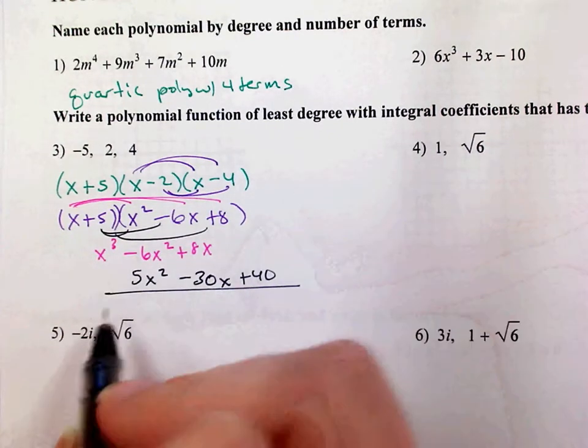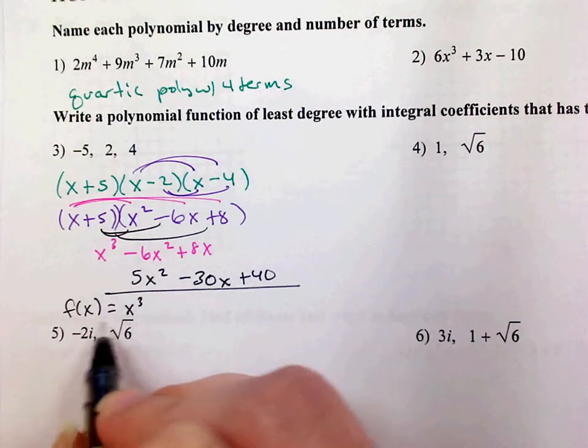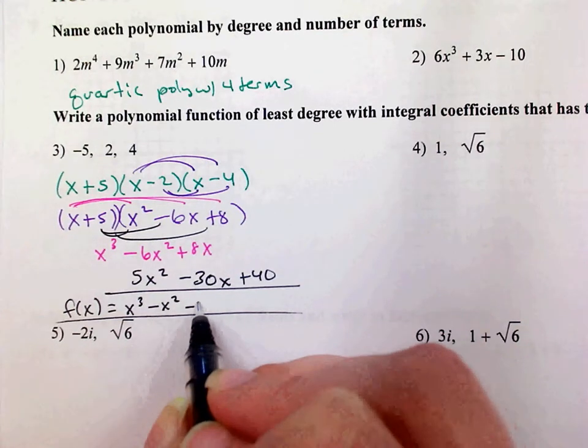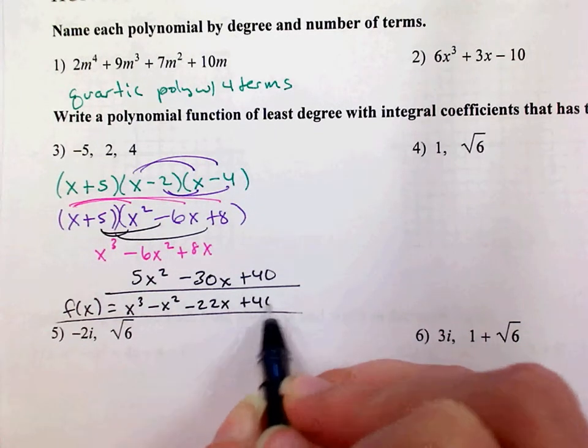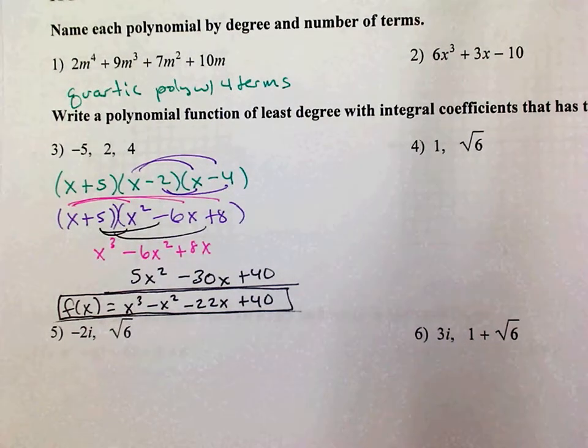So my final function is f of x equals x cubed, what? Minus x squared, and there's my answer. Okay, let's do the next one.